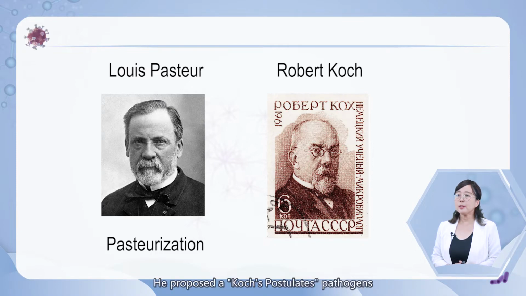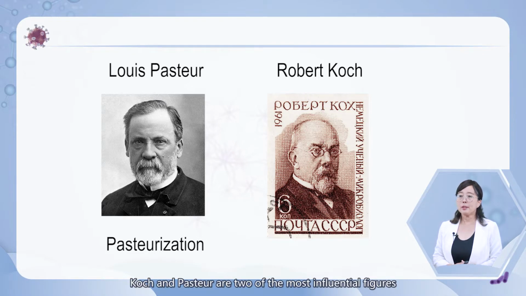He proposed Koch's postulates: pathogens must be found in every case of disease, but not in other diseases, as causative agents. Koch and Pasteur are two of the most influential figures in the history of microbiology.